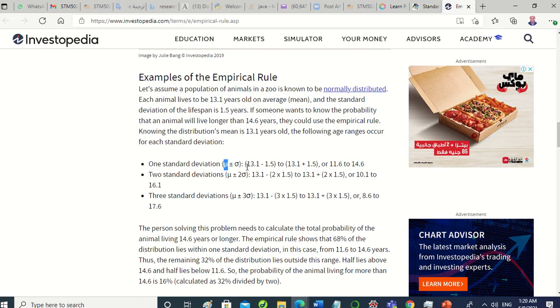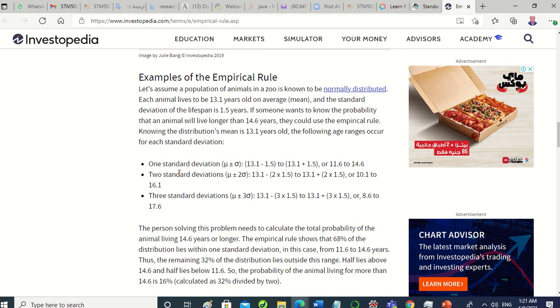So we have two terms: the lower and the highest. In this case, we have the mean, which is 13.1, and the standard deviation 1.5. We calculate the subtraction and the addition, and it will be from 11.6 till 14.6. This is the narrowest space.